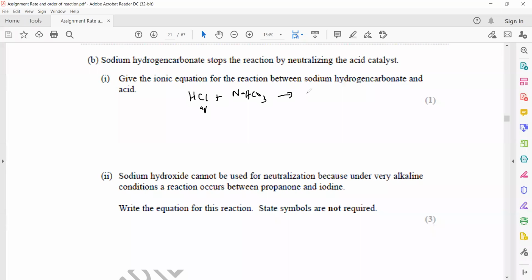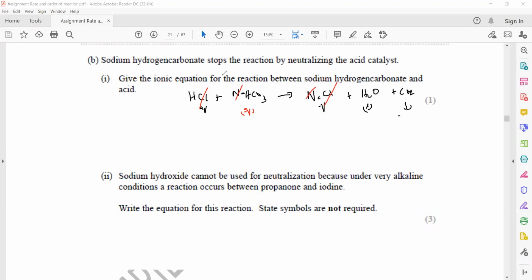So same thing for hydrogen carbonate, it will form sodium chloride aqueous, it will produce water in a liquid state and there will be carbon dioxide in a gaseous state. So we cancel the common ions. Cl is a common ion in aqueous, and this is also aqueous.